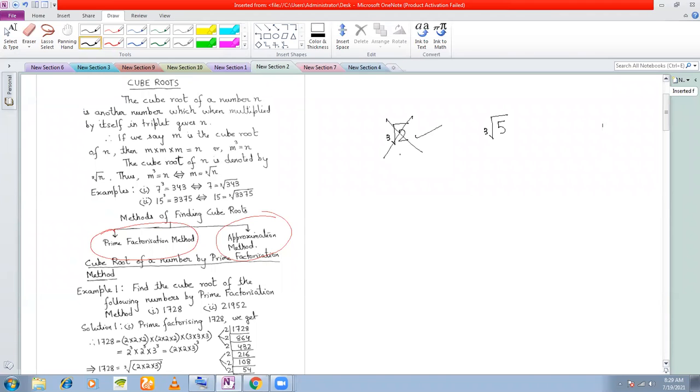So numbers like 5 and 2, which are not perfect cubes, we leave out. What we'll discuss is, say, the cube root of 343, because we know 343 is a perfect cube. The cube root of 343 can be written as cube root of 7 cube, which can also be written as 7.